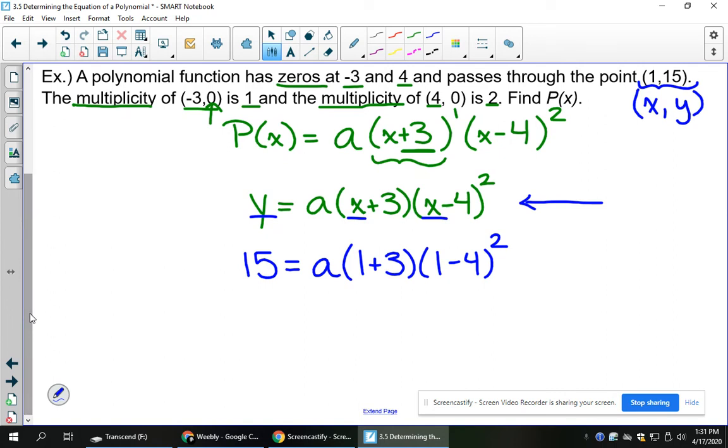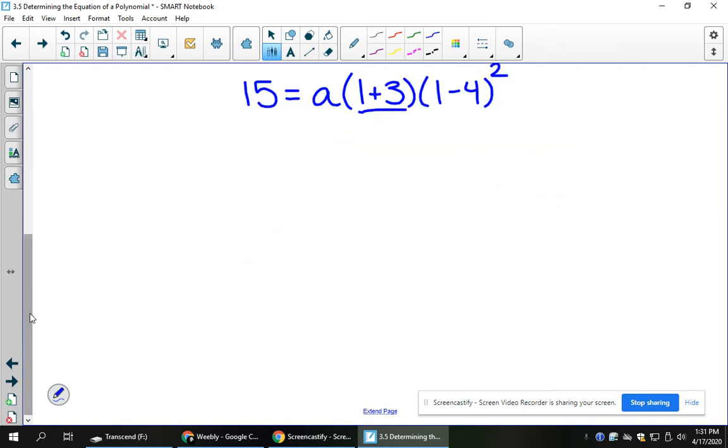So what do we do first in BEDMAS? We do anything in brackets. So 1 plus 3 is 4. 1 minus 4 is -3. I can now continue with BEDMAS and apply the exponent, (-3) squared. Be very careful. The brackets are essential.